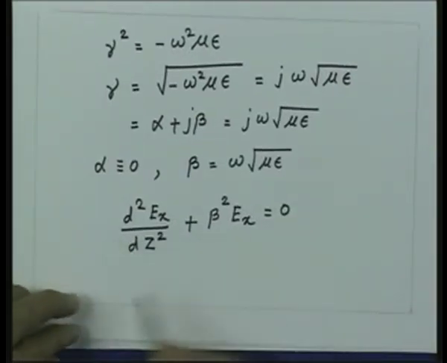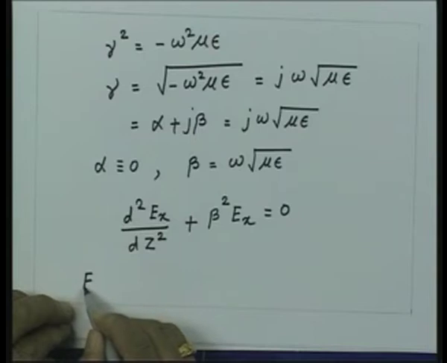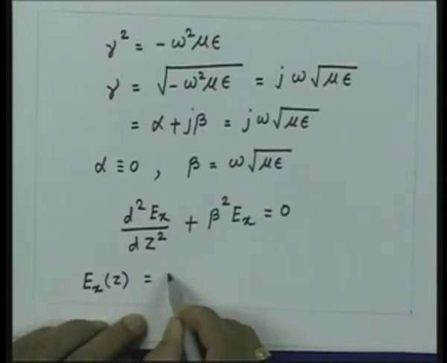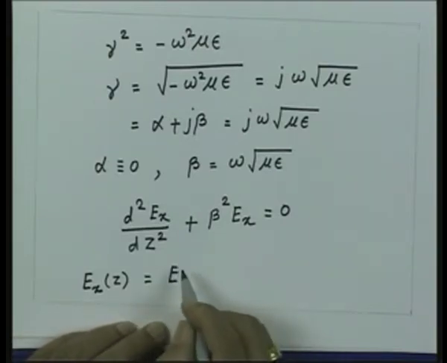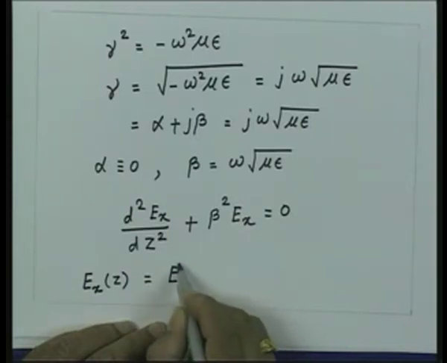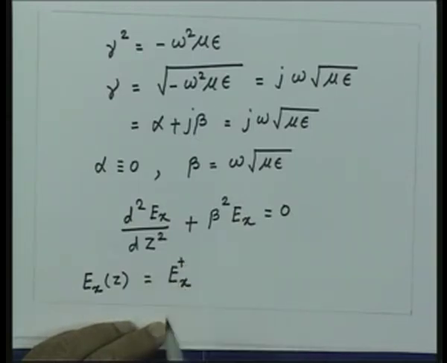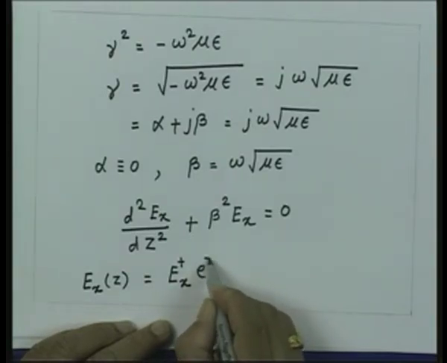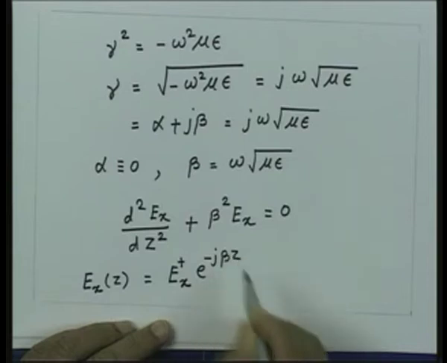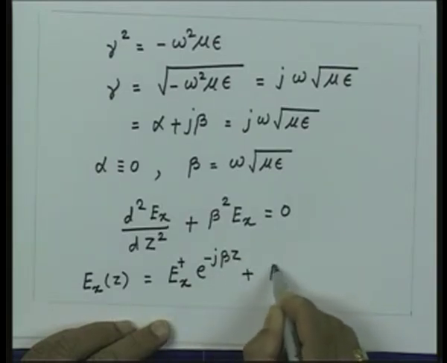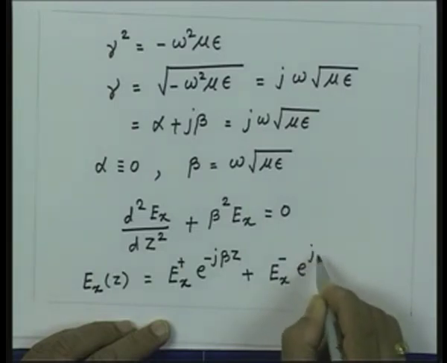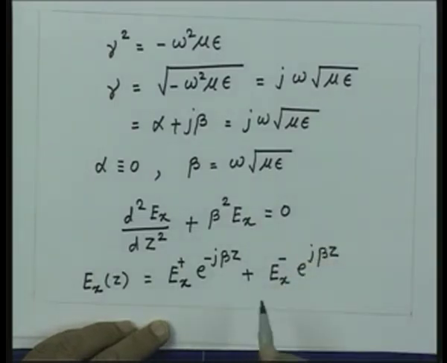The solution can be easily written as Ex as a function of z, that is some arbitrary constant, we call it E plus, the x component only, e to the power minus j beta z, plus some other arbitrary constant E minus e to the power j beta z.